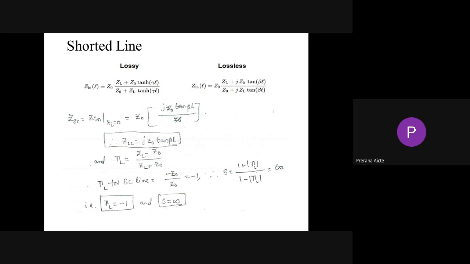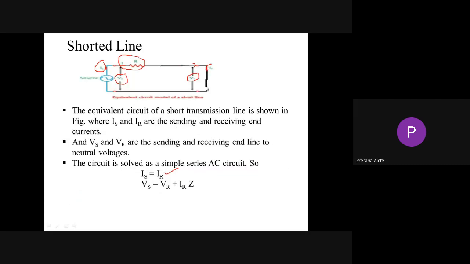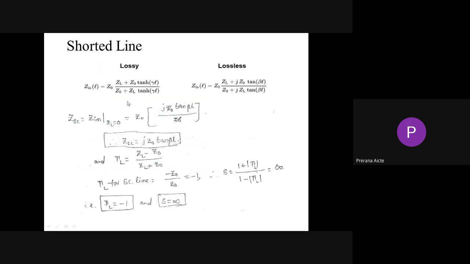Now for a short circuit transmission line, ZSC is equal to Zin with load equal to 0, because the output is short circuited. Therefore Z of L is equal to 0.